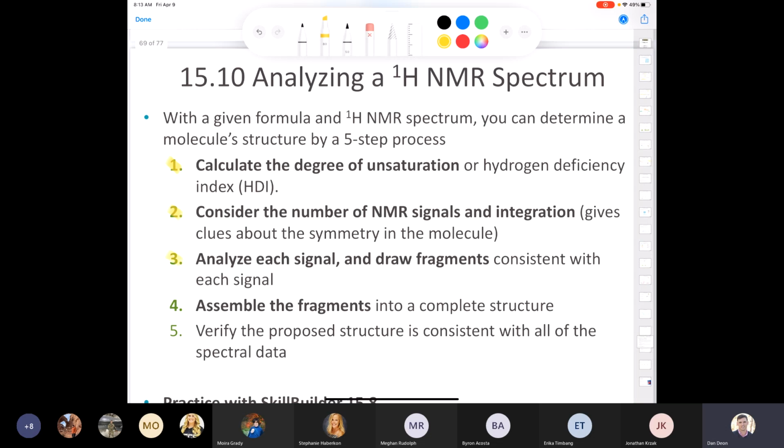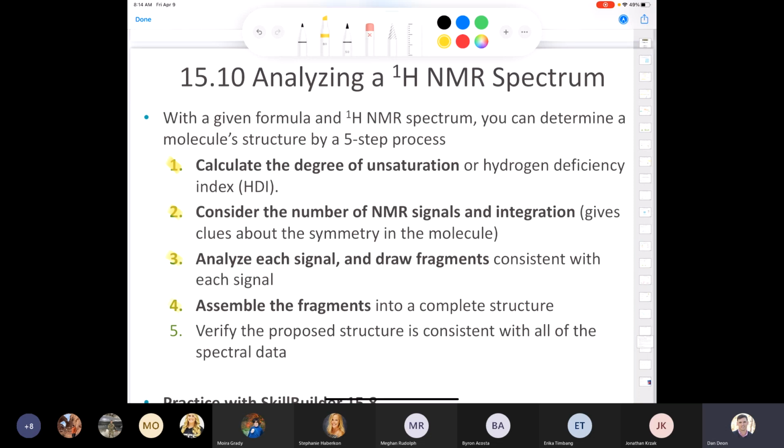Next, you're going to look at each signal in terms of its chemical shift and determine what kind of de-shielding effects this signal is experiencing. You can draw fragments. So if you think you've got a tert-butyl, just write it down. If you think you've got an isopropyl or an ethyl, just write it down. And then what you're going to try to do is put all those puzzle pieces together into a complete structure.